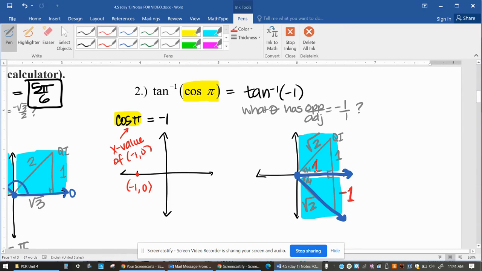I wanted opposite over adjacent to be -1. The reference angle is pi over 4, but according to the restrictions, my angle could be positive pi over 4 or negative pi over 4. So positive pi over 4 wouldn't give me the -1/1. That would be positive 1/1. So it can't be this one. It's got to be negative pi over 4, the one that ends up in quadrant 4 and goes down.